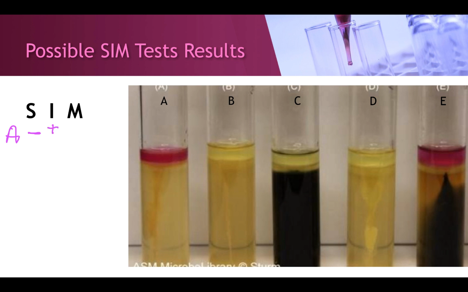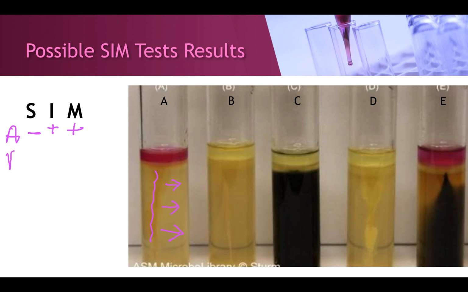And for the motility, it is also positive because even though we see a slight stab line here, we do observe that it's very cloudy in the surrounding areas. So this means that the organism moved out of the stab line. So in this case, the result will be negative, positive, positive for the SIM. This organism is E. coli, so it is motile, it does not reduce sulfur, and there is indole production.